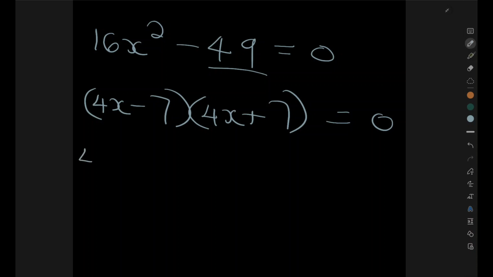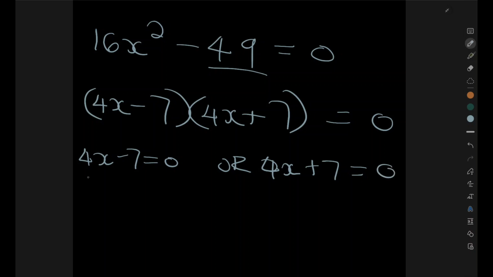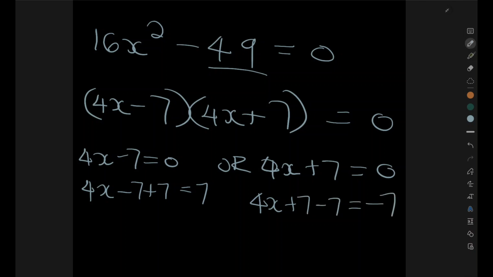So now we have 4x minus 7 equals to 0, or 4x plus 7 equals to 0. So obviously we're going to transpose, or just add 7 on both sides. Here we're going to subtract 7 on both sides.